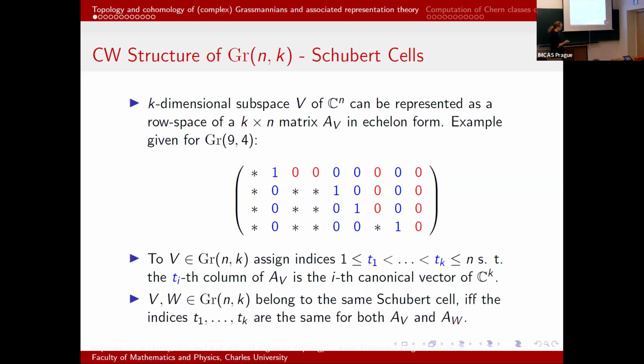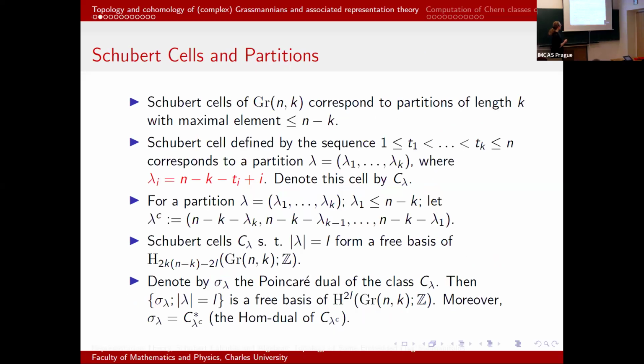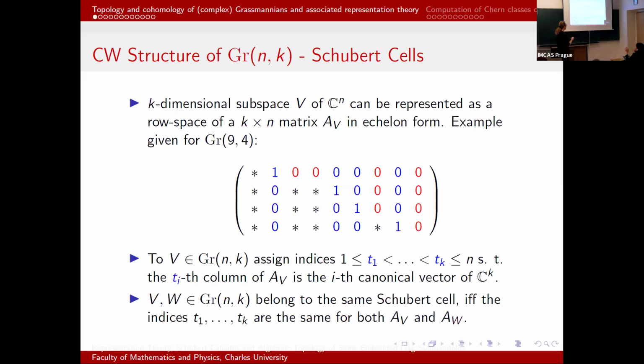Also, to a Schubert cell, we can assign the complementary partition, which is also a partition of length k with maximal element less or equal to n minus k. It's basically formed by the star entries in this matrix.